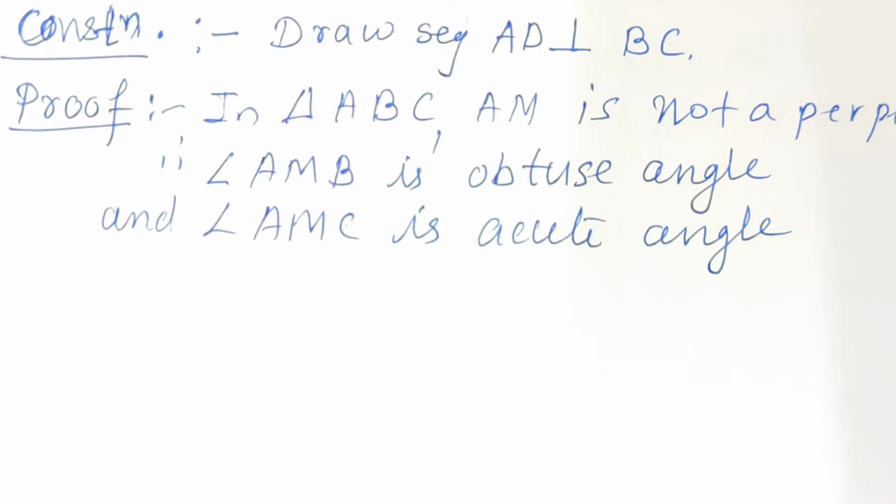If one is obtuse and one is acute angle, then from the applications, two applications 1 and 2, directly we will write the equation which we got in the application of Pythagoras theorem on obtuse angle triangle and acute angle triangle. So those two equations directly we will use here.